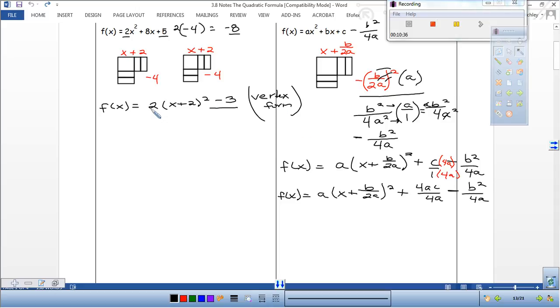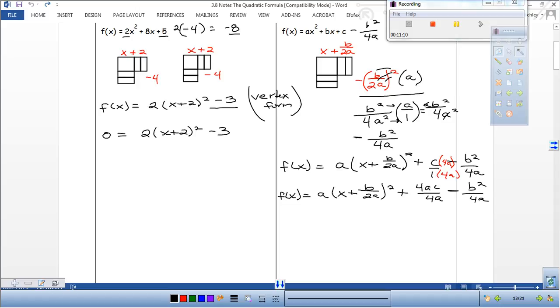Okay, from this now we're going to solve. We're going to solve this. So I need to plug in 0 for the y value, because we're looking for the x-intercept. So we get 0 equals 2 times x plus 2, the whole thing squared, minus 3. Anyone know that first step I would do to solve this? We're not going to square it.